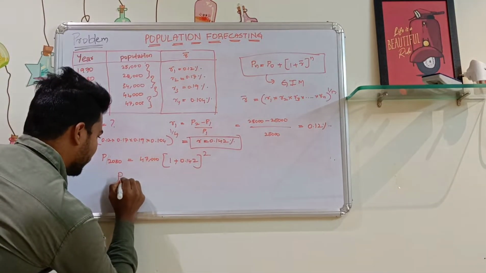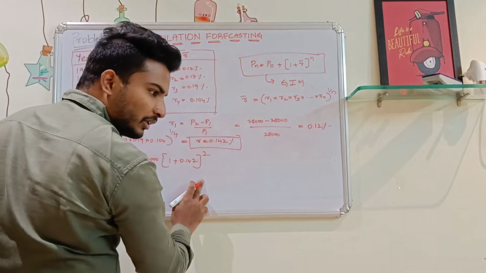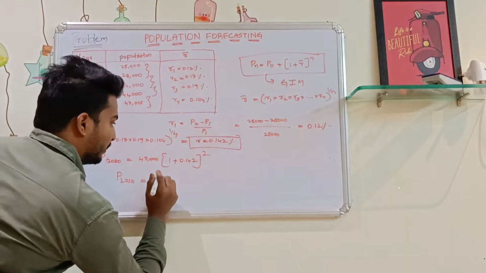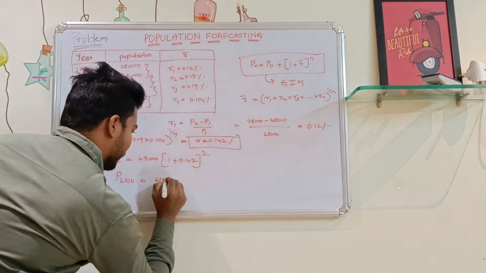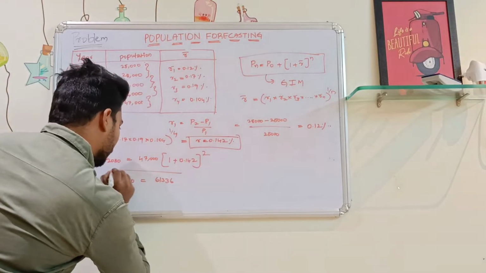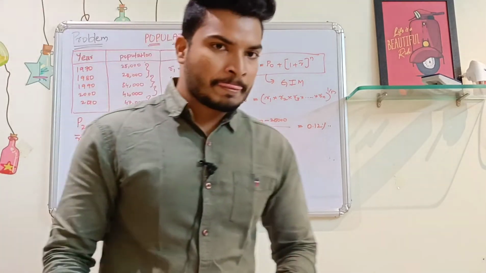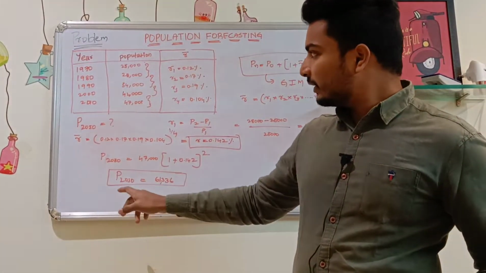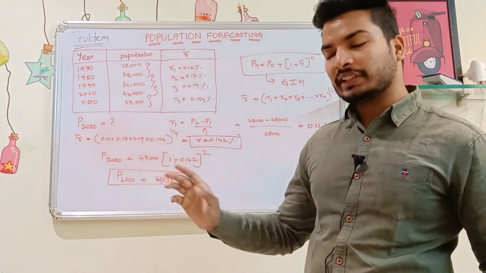So directly calculating from this, we will get 61,336. So the population by the geometric increase method by the end of 2030 is 61,336.